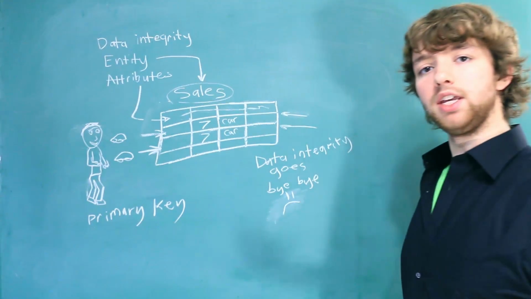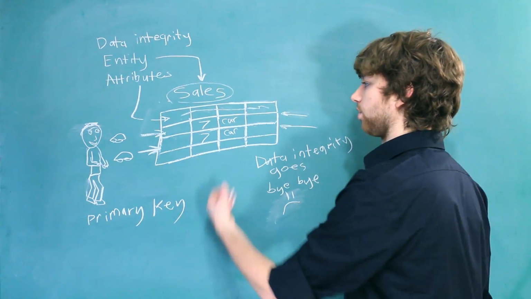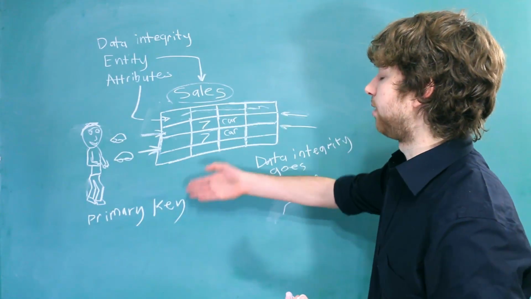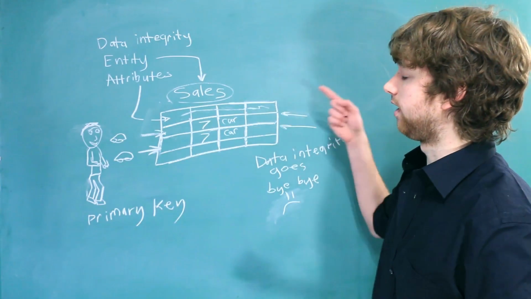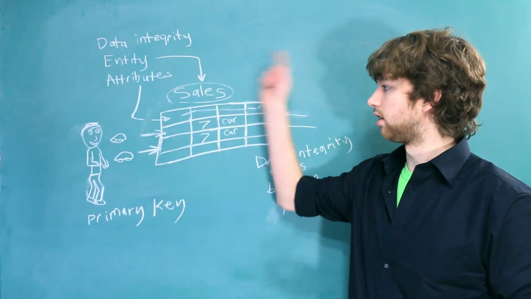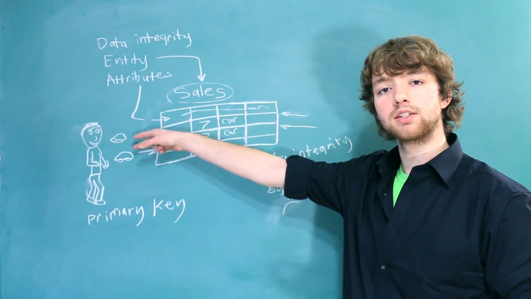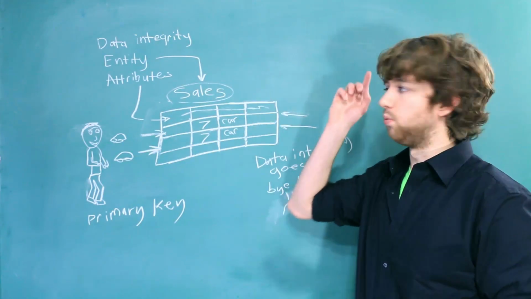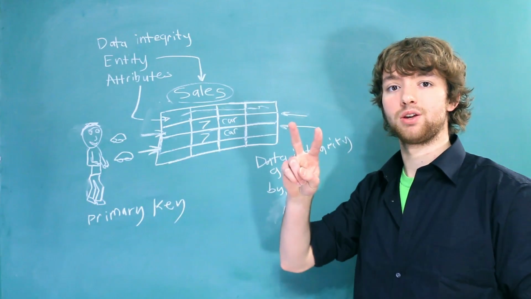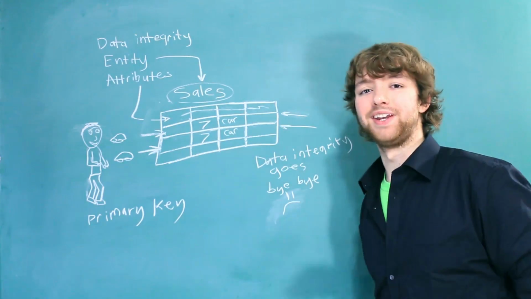A primary key is a column that can force every single row to be unique. If we don't have a primary key, we don't know if this is two purchases by the same guy purchasing two of the same things, or is it one purchase accidentally put into the database twice? Ooh, we can't really tell.